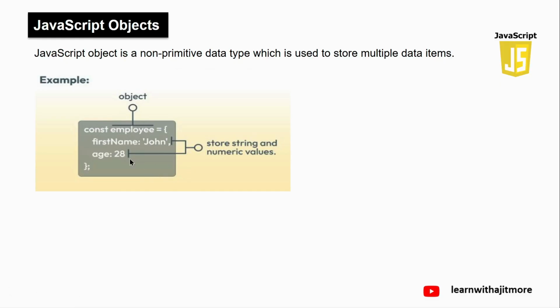Like this, the first name property is storing a string, the age property is storing a number. These are the two properties in that object. Properties you can call attribute, you can call field, anything. So these key values are listed in a pair of braces, and then the object is created. Its reference is collected here in this employee variable. So this variable is containing that reference.